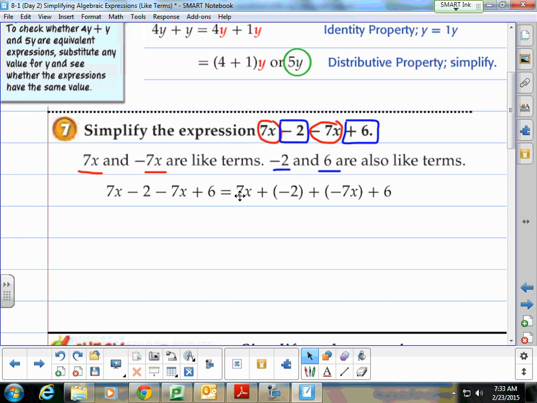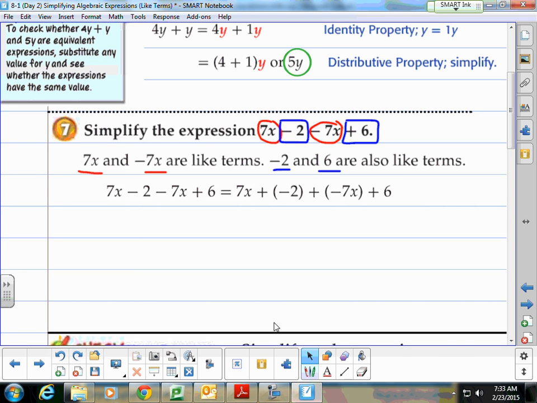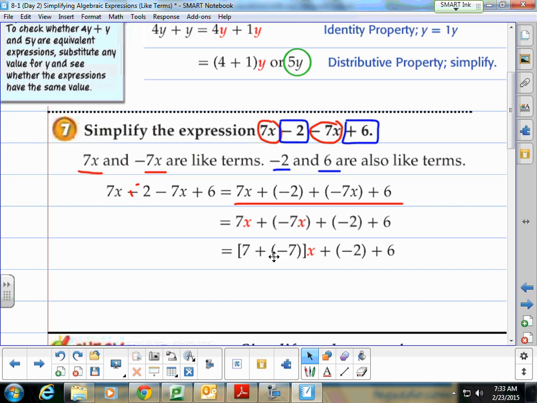You might have changed this using the definition of subtraction, adding the opposite. That's okay too, so that it's clear to you which ones are negative. Then you look for those like terms. So I'm going to combine 7x plus negative 7x. Using the distributive property, kind of ignore the x and just add the numbers together, which is actually 0x plus 4.